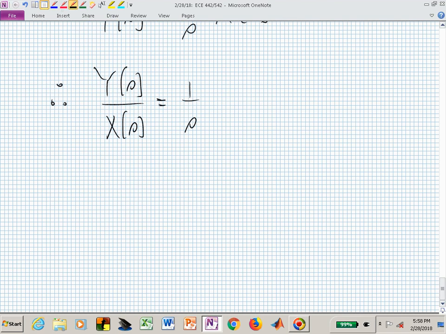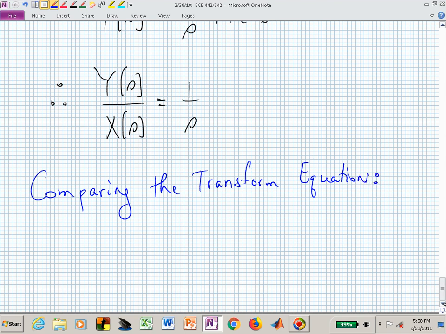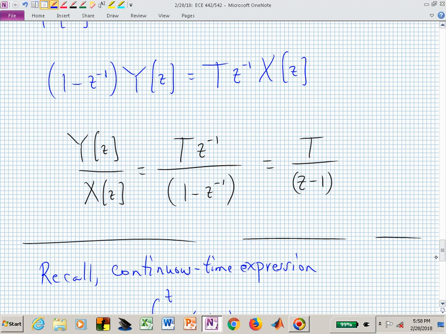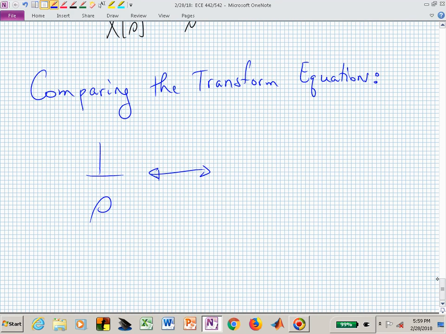So let's now compare those. The comparison then says, oh, we had a 1 over s, and what did that look like in terms of z? This, capital T over z minus 1.